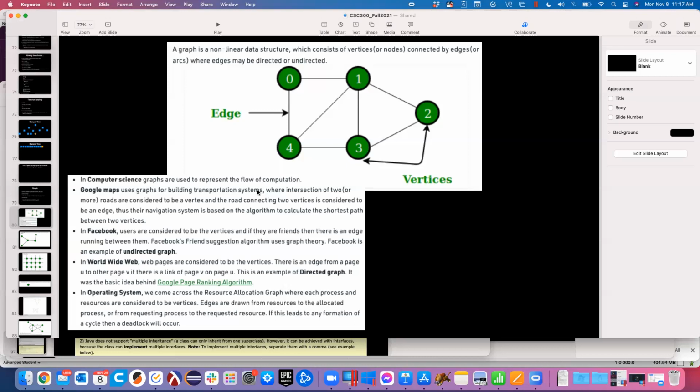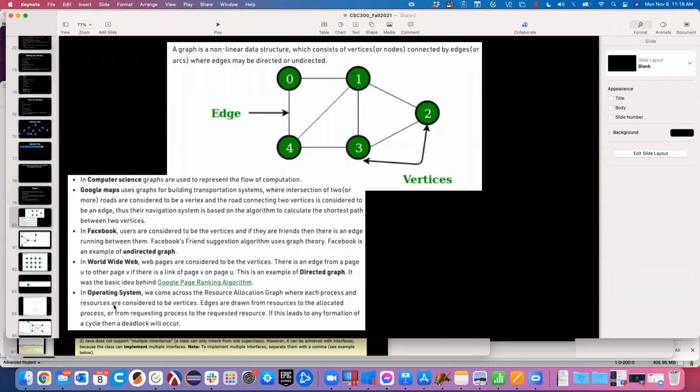All right, so certainly Google Maps is going to use things like graphs. See, Facebook users are considered to be vertices, and if they are friends, there's an edge running between them. Sometimes when you go to one of your friends' lists, it'll show you the mutual friends, the nodes that they connect to that you also connect to. So they would represent that as a graph.